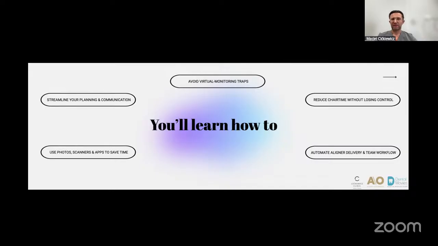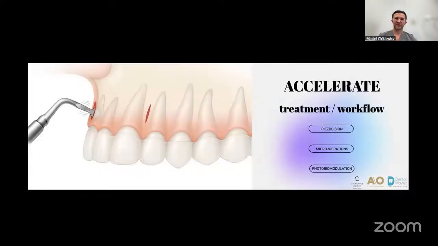They block your situations with production of the aligners. And we try to reduce chair time without losing control of the production of aligners and controlling the movements, and automate aligner delivery and trim workflow. So these are the elements we would like to cover during this presentation.